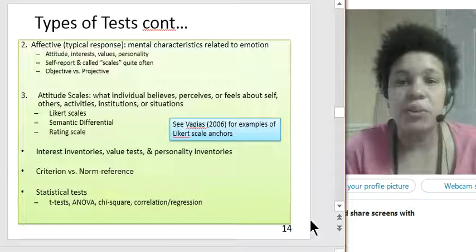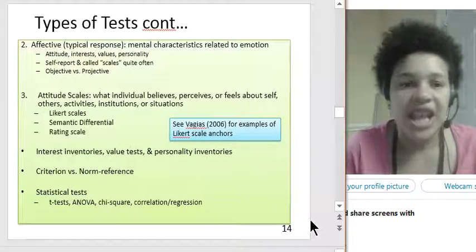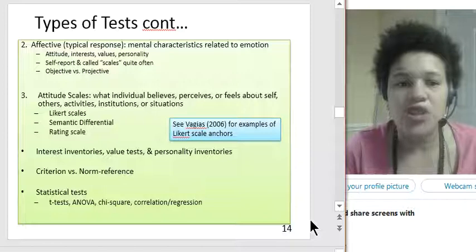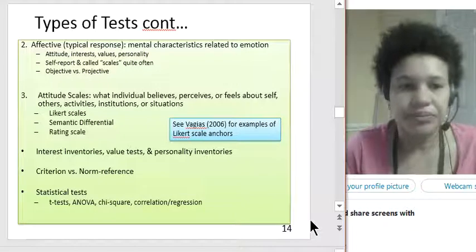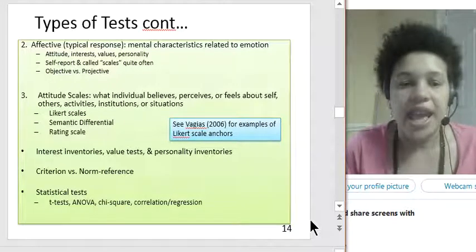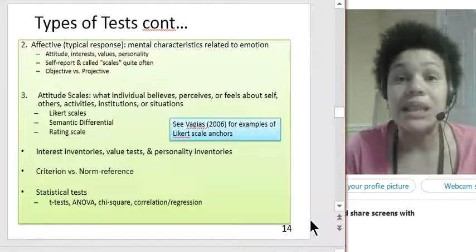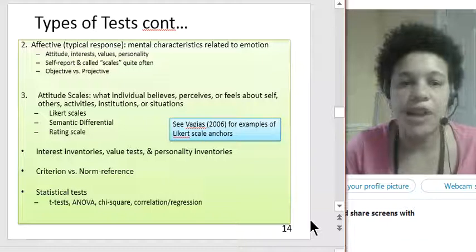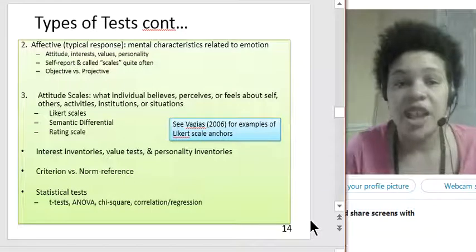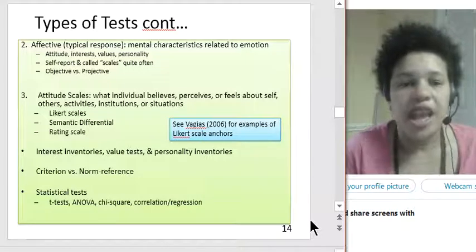How do these different things make you feel? And usually it's self-report, and they're usually called scales. And there are also attitude scales, for example, what an individual believes or perceives about themselves, others, activities, institutions, or situations.